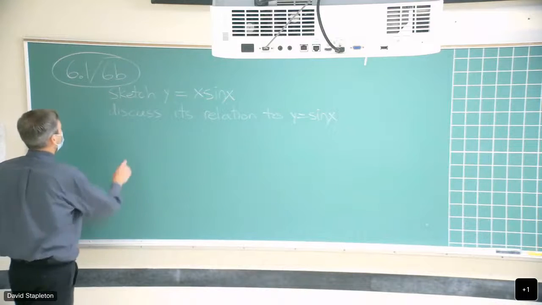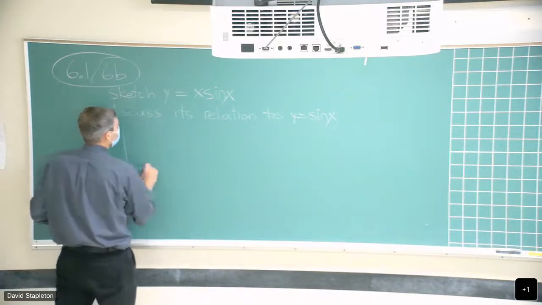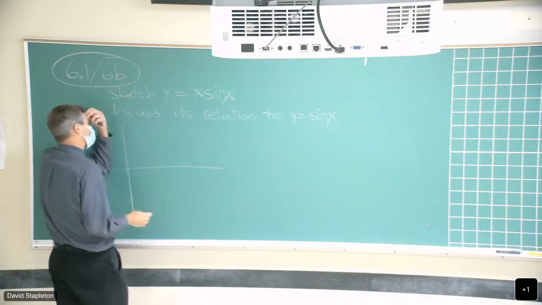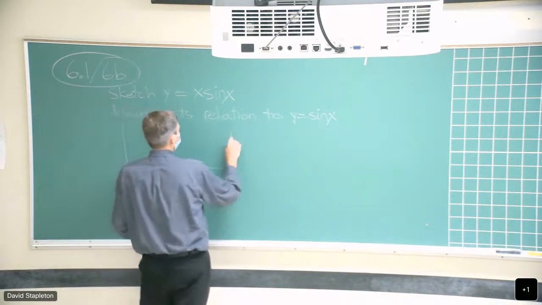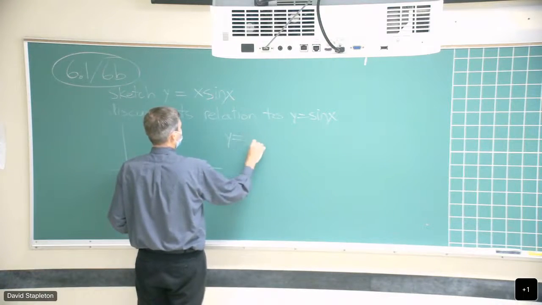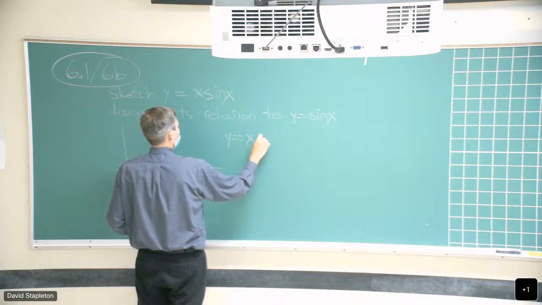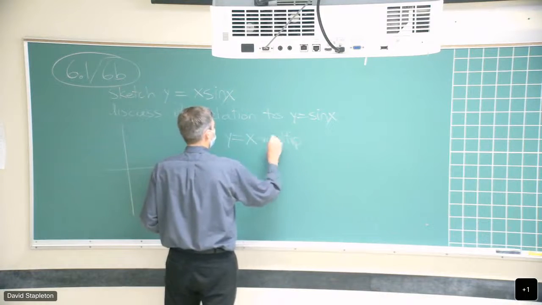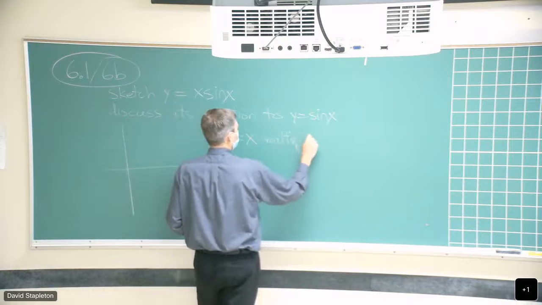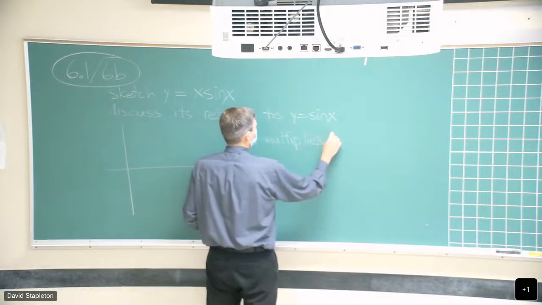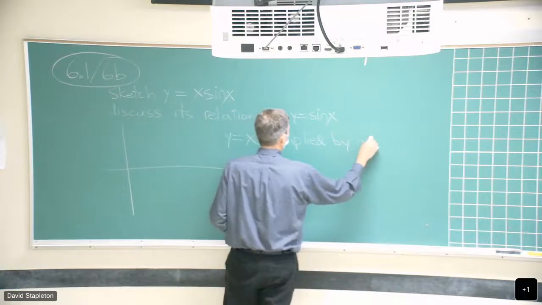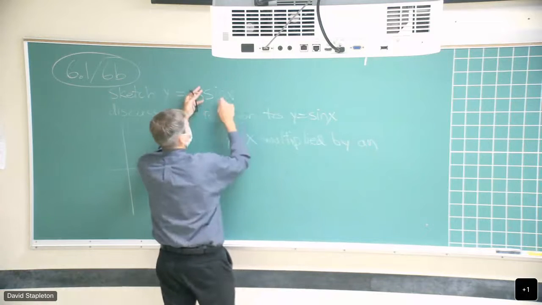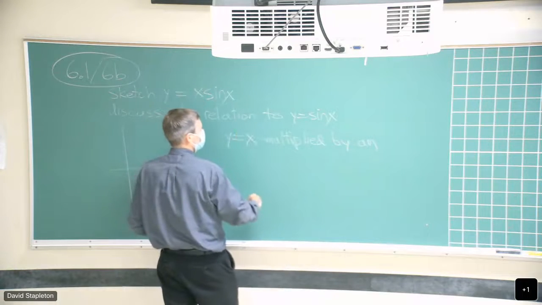Here's what people do in their applied classes, is they'll say, well, wait a minute, this looks like y equals x multiplied by an oscillating function sine x that goes up and down between plus and minus 1.